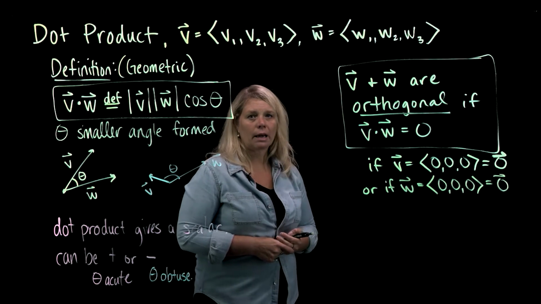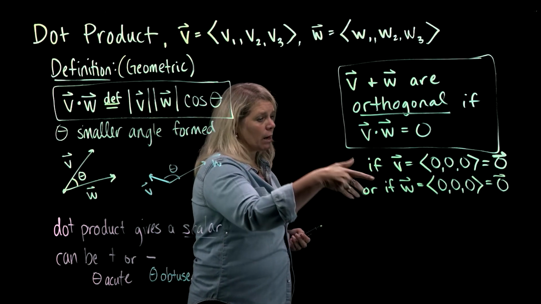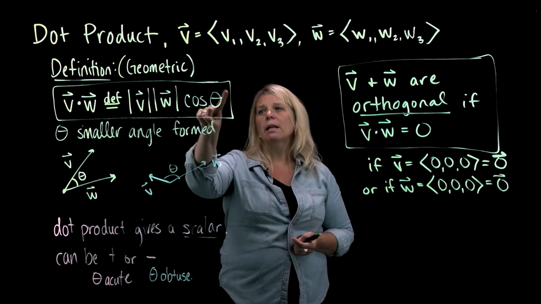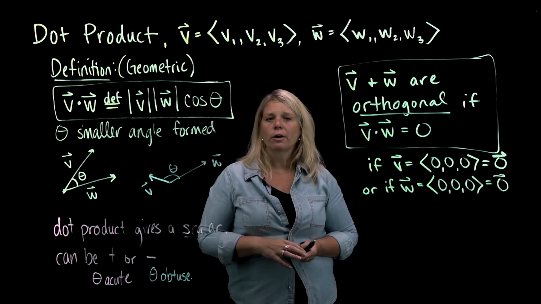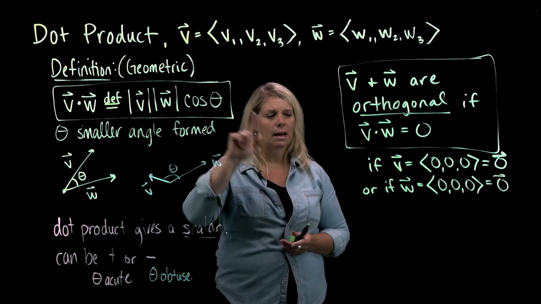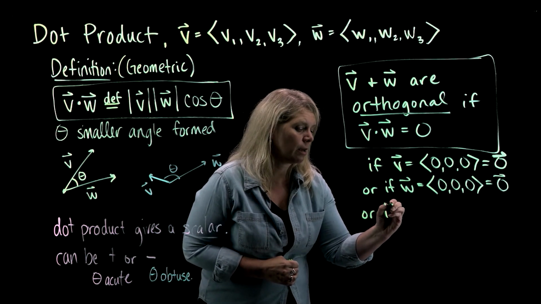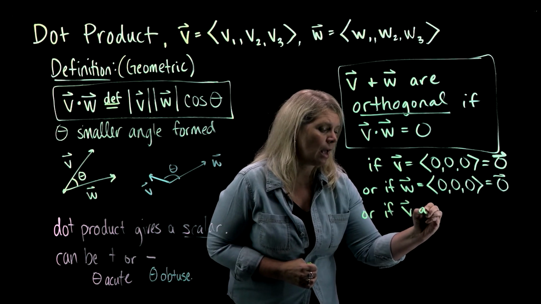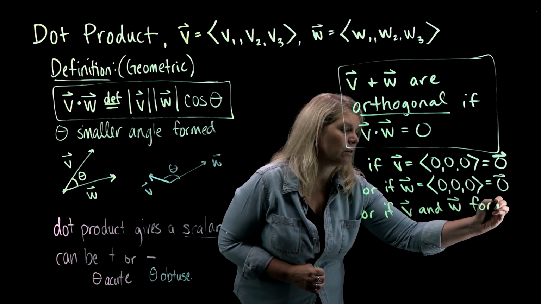Or the other way we could get an orthogonal pair of vectors would be if neither one of them is the 0 vector, but the cosine of the angle between them is 0. And so again, if you think about your trig values, cosine is 0 when theta is 90 degrees. So that would be if v and w form a right angle.